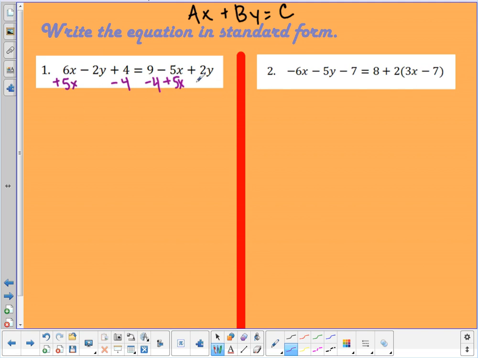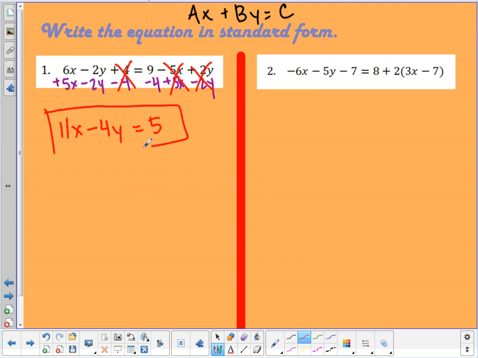And then I need to subtract this 2y, subtract 2y over to the other side. Because what that does now is it makes this eliminate from the left, and it makes these two eliminate from the right. And what you're left with is 11x minus 4y is equal to 5.